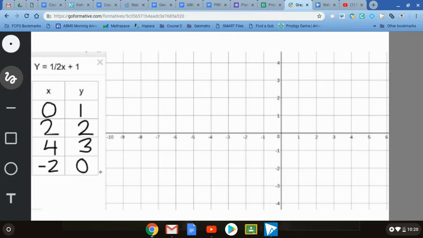So this table tells me what my ordered pairs are going to be. 0, 1, right here. 2, 2, so right 2 up 2. 4, 3, right 4 up 3. And then -2, 0. So I go left and then I stay.